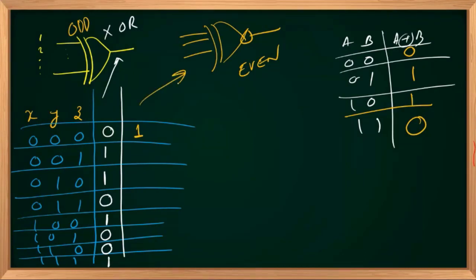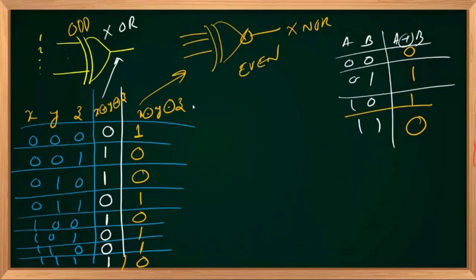This is for XNOR: 0, 0, 1 odd; 0, 1, 0 odd; 0, 1, 1 even; 1, double 0 odd; 1, 0, 1 even; 1, 1, 0 even; triple 1 odd. So this is a truth table for a multiple input or 3 input XOR and XNOR gate. Okay, is that clear?